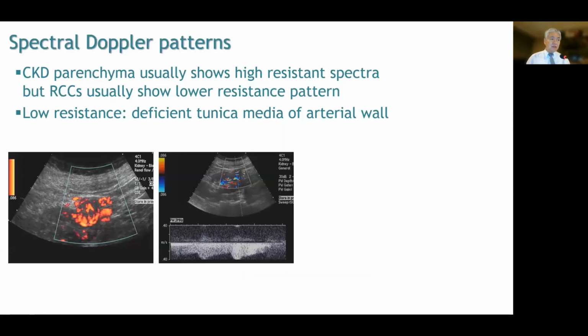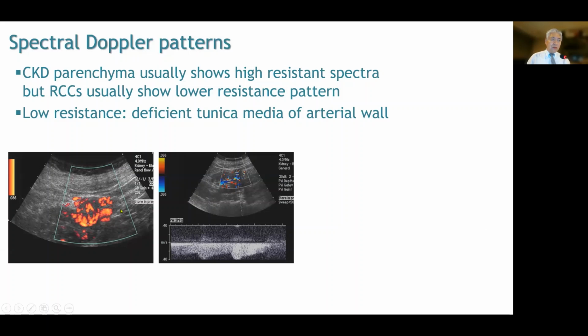In chronic kidney disease patients with suspicious solid renal masses, characterization using spectral Doppler pattern is a very useful technique. CKD parenchyma usually shows high resistant flow spectra, but renal cell carcinomas usually show lower resistant patterns due to deficient tunica media of arterial wall of the tumor vessels.